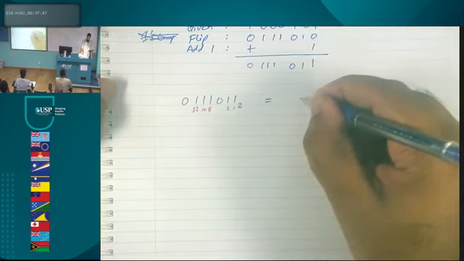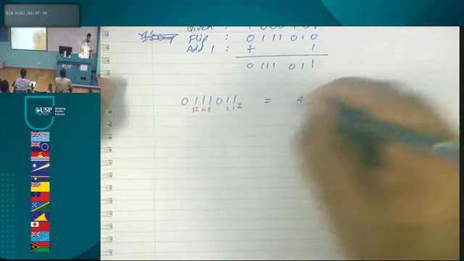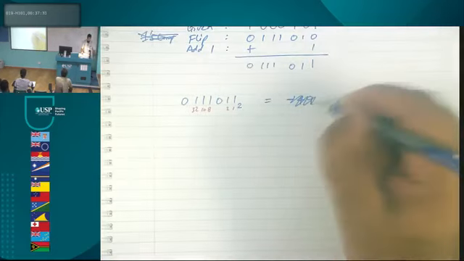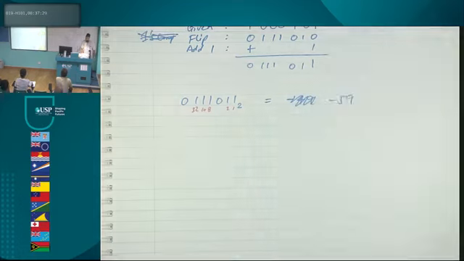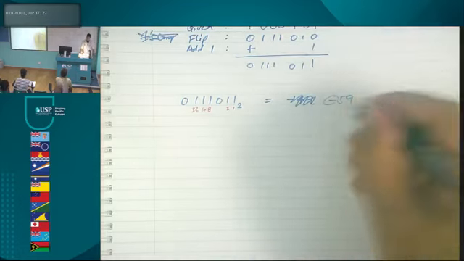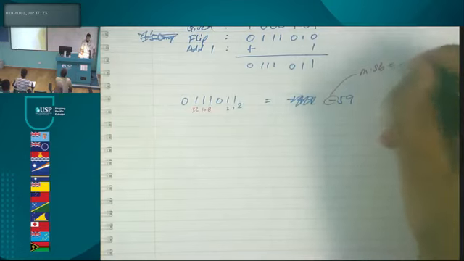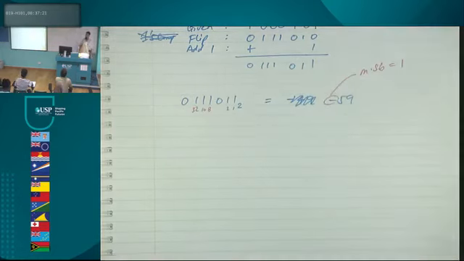What did you guys get? 49? 50? Okay, 59. And remember, the number was negative. Where did we get that negative from? Because MSB was equal to 1. The most significant bit is equal to 1.